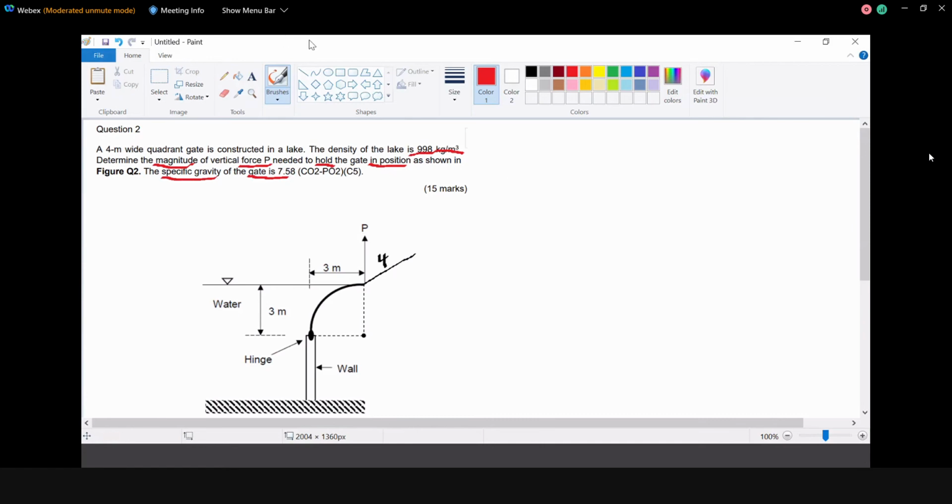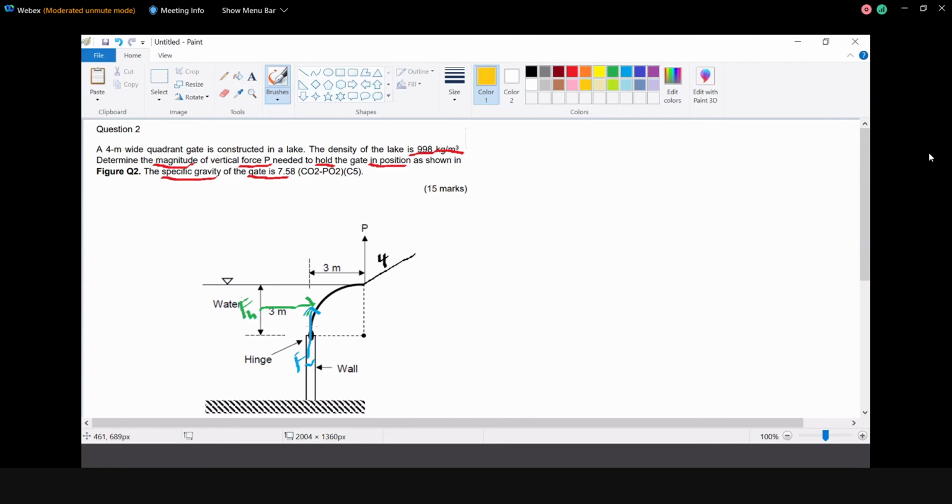So we should have another force which is the weight. Let me draw first the forces that are involved. So you have the horizontal force, FH, and then you have the vertical force, FV, and another one is the weight.